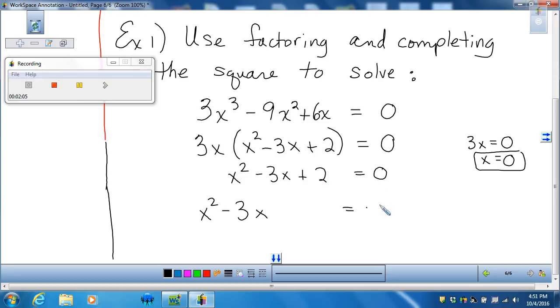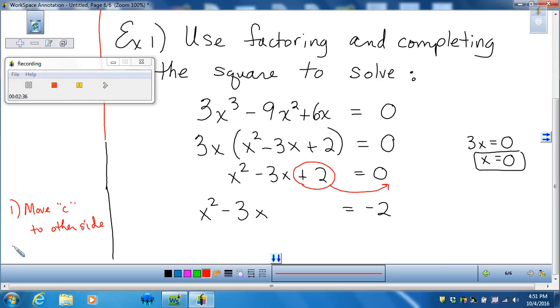So that's going to be equal to negative 2 on the other side. So again, take your constant and move it to the other side. Now that I've done that, I'm left with x squared minus 3x equals negative 2. So step 1 was move the c term, the constant, to the other side.